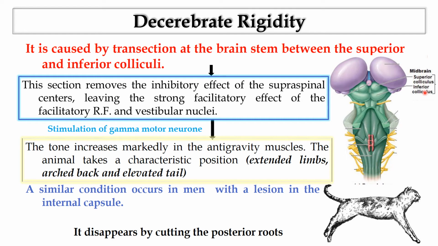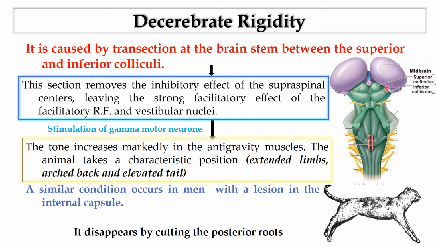So all areas above the pons are now out of service, and cannot send their impulses, due to this transection, to the spinal cord. What will happen in the stretch reflex? This transection will remove the inhibitory effect of the supraspinal centers, leaving only the strong facilitatory centers to affect the stretch reflex. How?